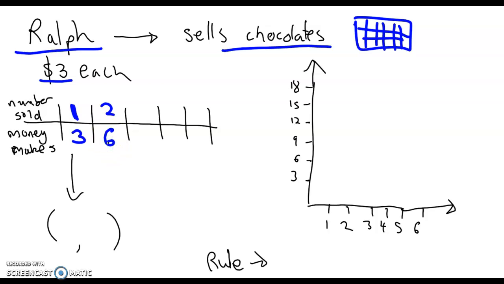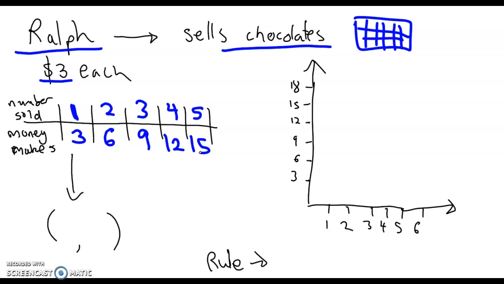So you can see I'm starting to form a sequence of the amount that Ralph earns, or the money he makes, after each chocolate he sells. So if he sells another one on top of that, that's going to be another 3 on top of 6, which is 9. 4 will be 12. 5 will be 15.